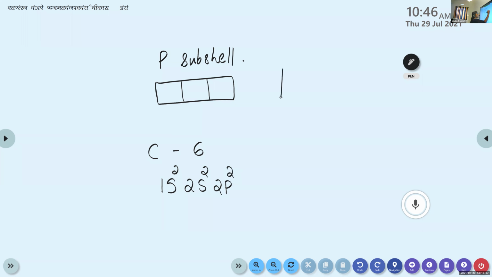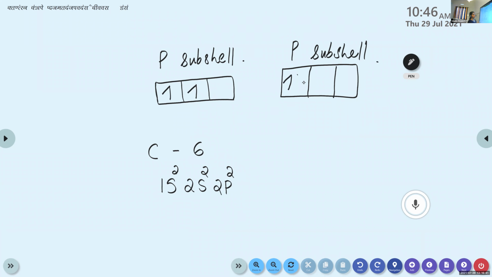There are 2 possibilities for filling electrons in this P subshell. You can either fill the electrons like this or you can fill like this. There are 2 options there. In 2p, only 2 electrons: you can add 1 electron in each orbital or you can fill 2 electrons in the same orbital itself.